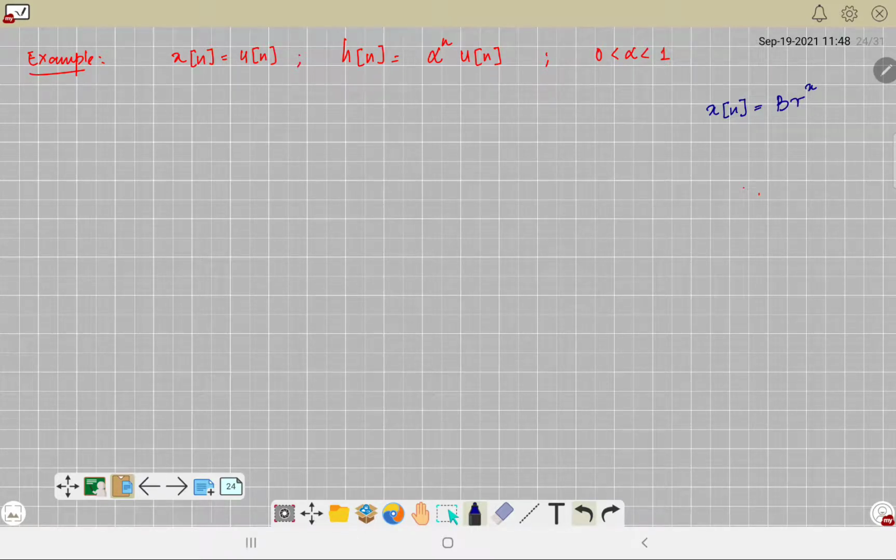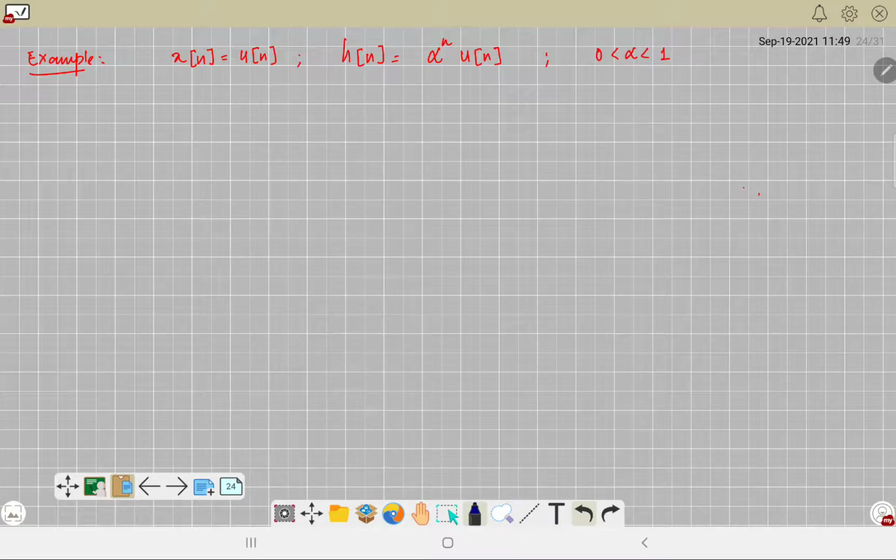B was the amplitude, so here the amplitude is 1, so we have neglected this. Then depending upon the value of r, you either had a growing exponential or a decaying exponential. If r had a value greater than 1, it was a growing exponential, and if it had a value between 0 and 1, it was a decaying exponential. You can check this out, just visit your previous lectures or notes. Anyways, the limit given here is between 0 and 1, so it obviously means it is a decaying exponential.